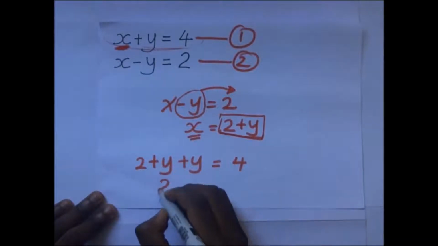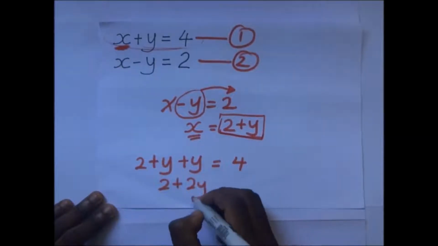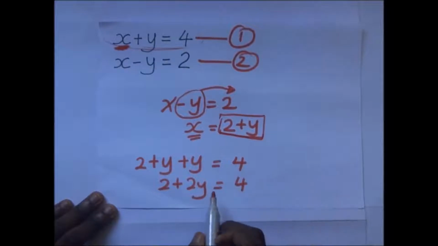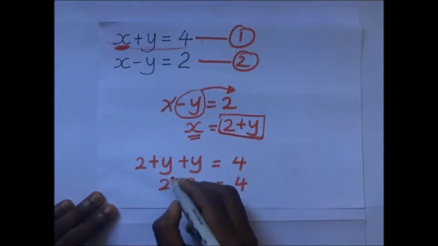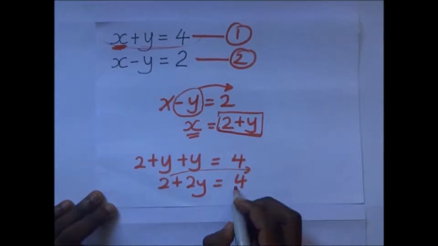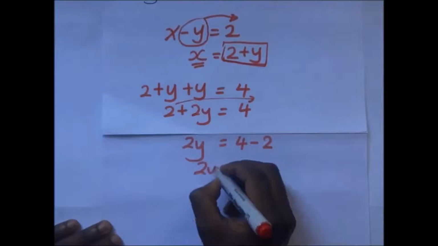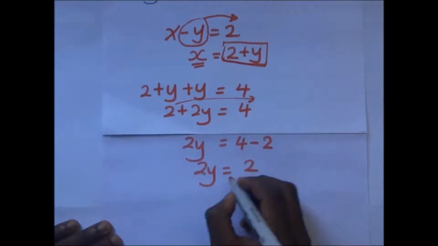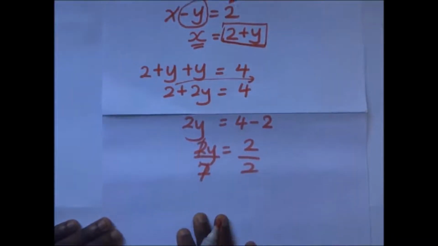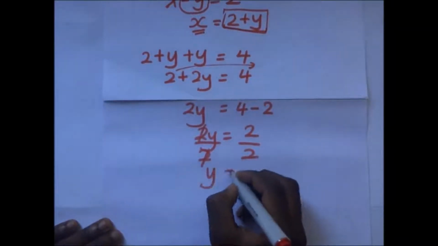This becomes 2 plus 2y is equal to 4, so 2y is equal to 4 minus 2, which is 2. When we divide both sides by 2, we remain with our value of y as 1.